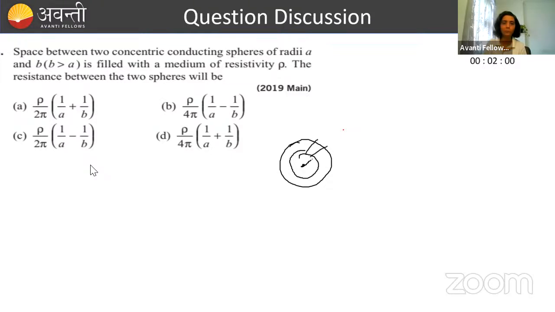So this space is filled with a medium of resistivity rho. This space is vacant, I must say. Nothing else is given in the question. You have to tell me what will be the resistance between these two spheres. That is, this material is present in this space, so how much resistance will this material provide between these two?